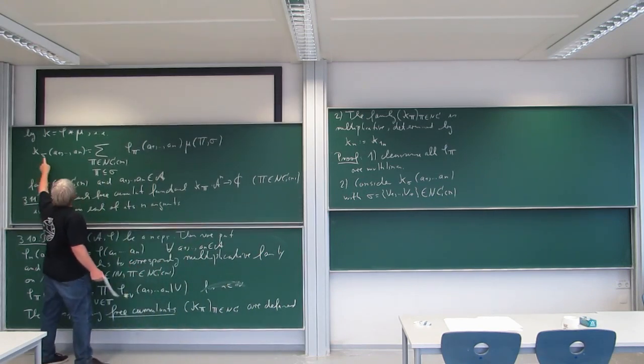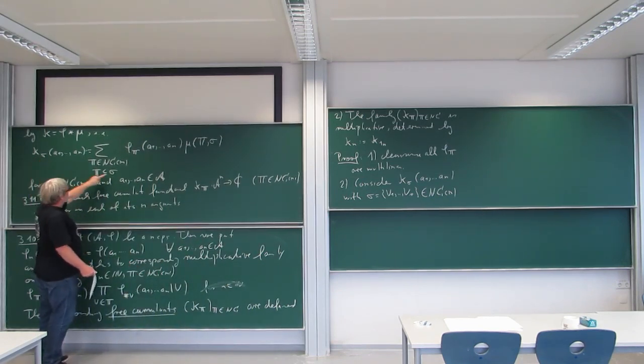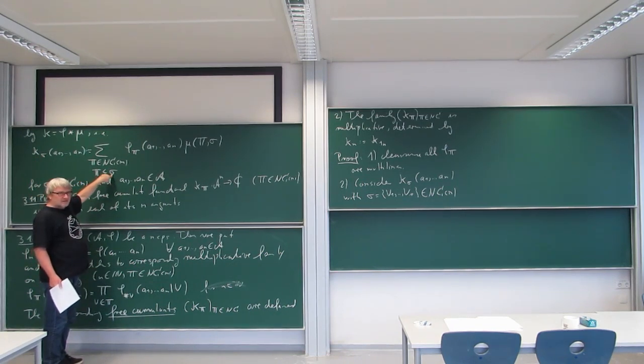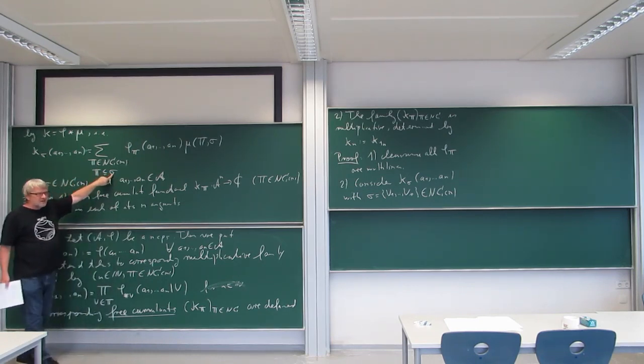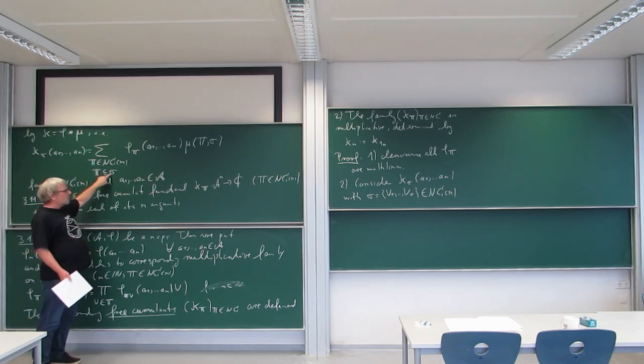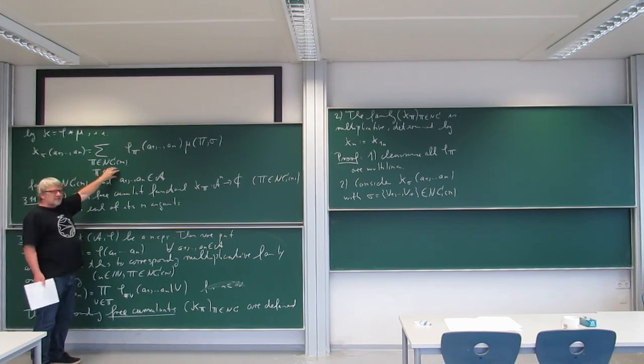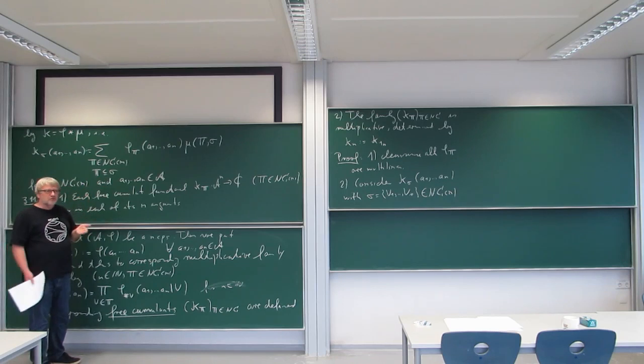Good. Okay, so now in the definition of my kappa sigma, I have to sum over all pi's which are less than this sigma. Okay, but the non-crossing partitions which are less than the sigma are quite easy to understand because this partial order means that each block here is contained fully in one of the blocks here. Actually, I get the blocks from here by decomposing blocks from here into smaller blocks. And of course I have to do this in a non-crossing way.